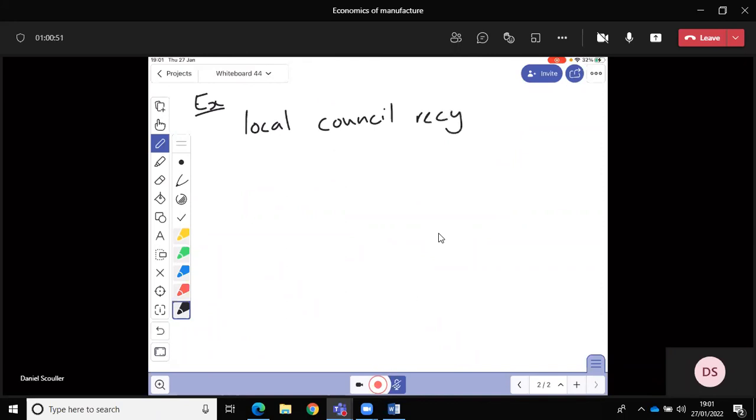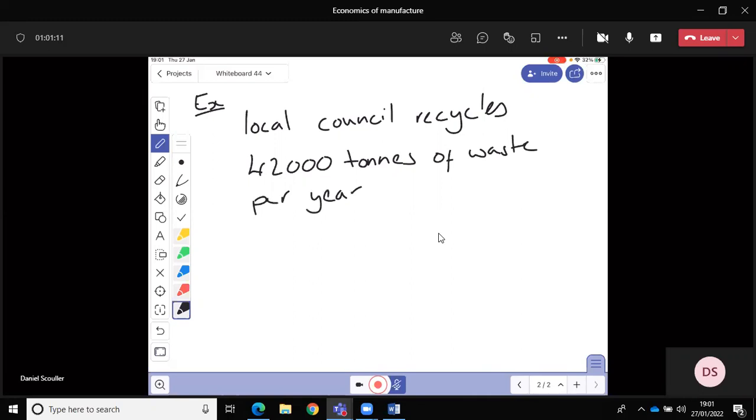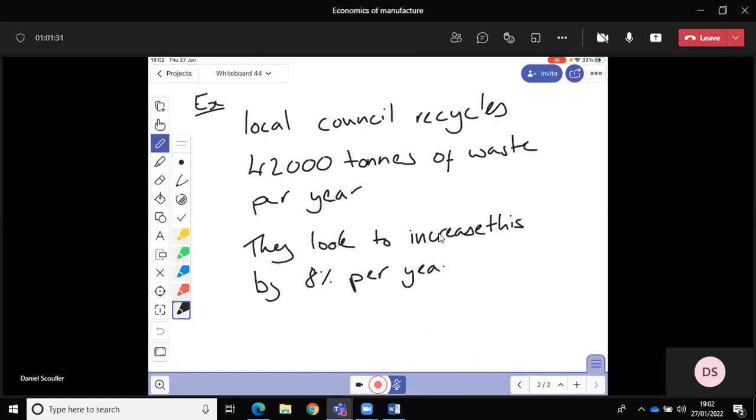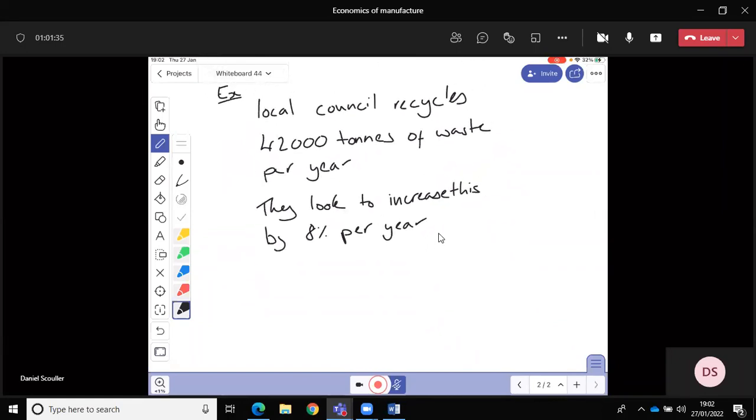A local council recycles 42,000 tonnes of waste per year. So we've got a local council who recycles a certain amount of waste every year, 42,000 tonnes.